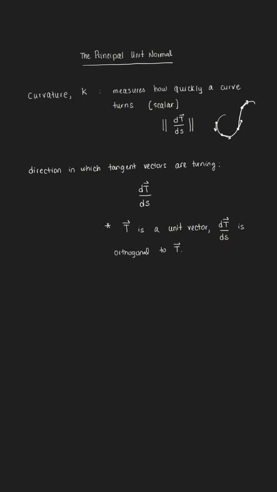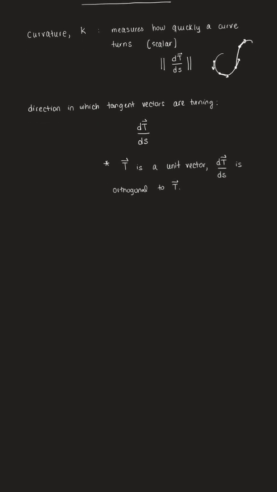But in class, I would have already talked about this. So we've got a vector here that gives us the direction in which the tangent is turning. We know that its magnitude is described as |dT/ds|, and we call that the curvature.